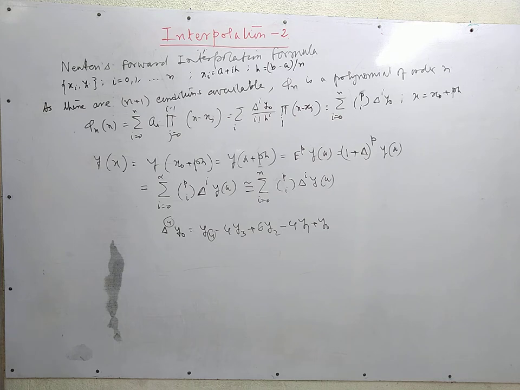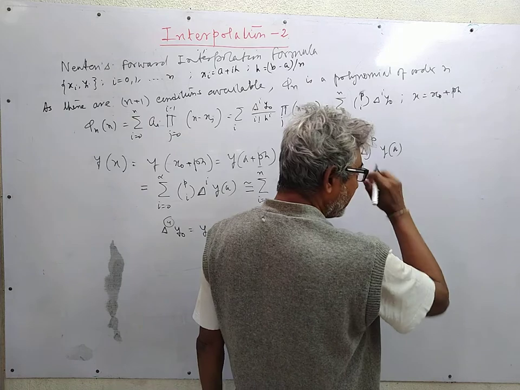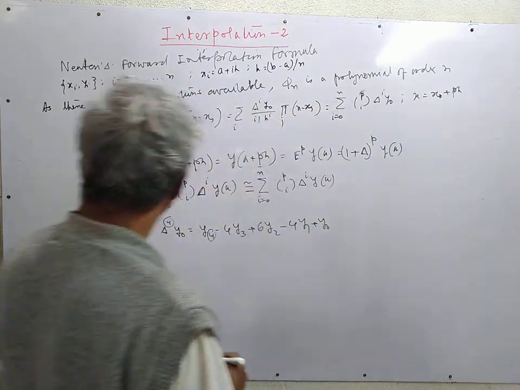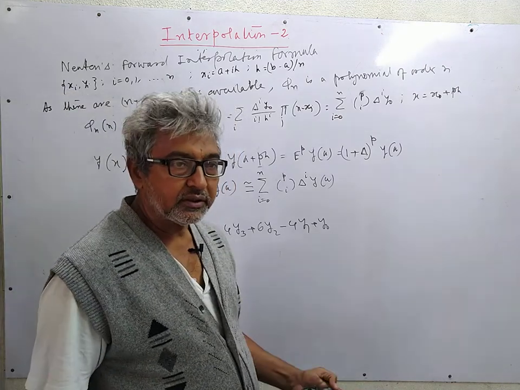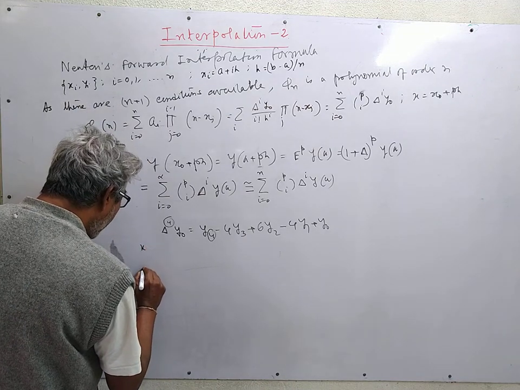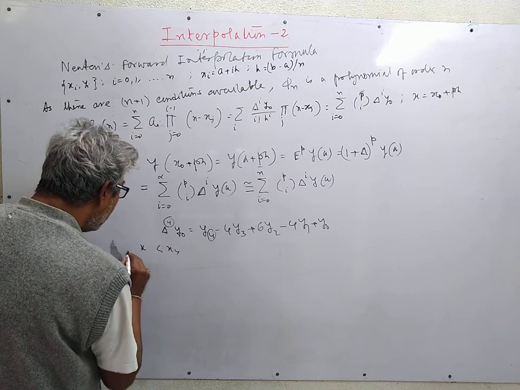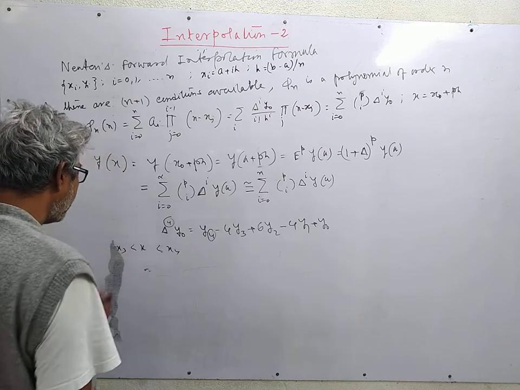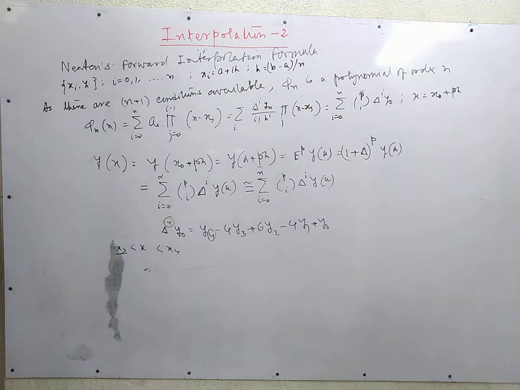Another thing you might recall is that in the difference table, the maximum number of differences were available for y0. If we start with a value of x which is near the bottom of the table, say the value of x lies between x3 and x4, then the difference table should start with x3, and we will be provided with fewer differences.